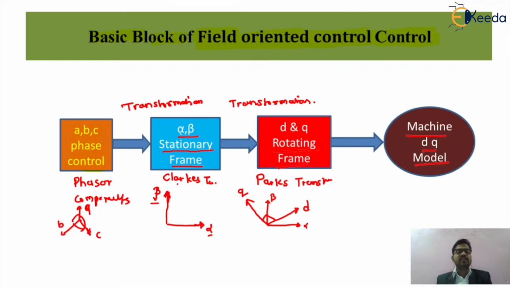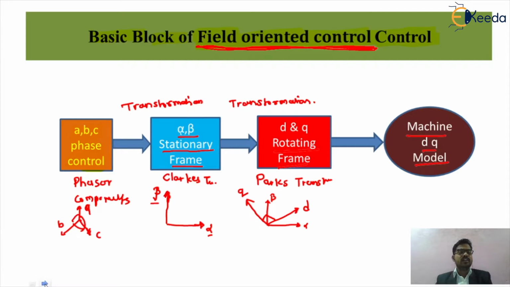Now this stationary frame is converted into a rotary frame. In field oriented control we get components that are treated as DC components. So we get only two components, IQS and IDS. That's why this whole system is treated as a field oriented control scheme of the induction motor drive.